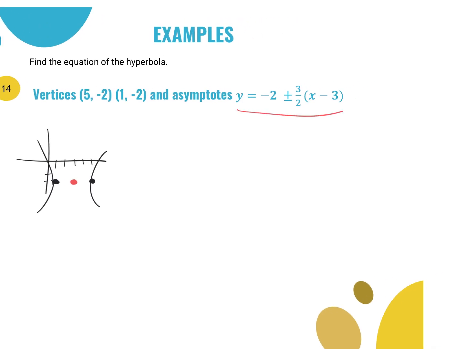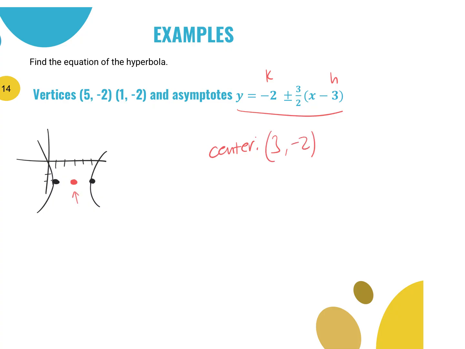They give you asymptotes. Now, if you remember with asymptotes, the only difference between the two formulas for a horizontal or vertical hyperbola was the b over a and the a over b. This is still going to be k, and that is still going to be h. So you can very simply just look at your asymptotes, and you can see that your h is going to be 3 and your k is going to be negative 2.